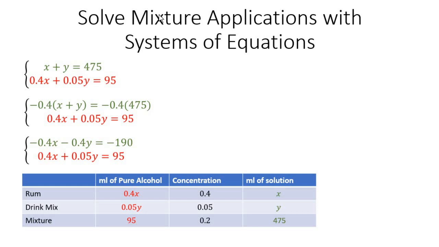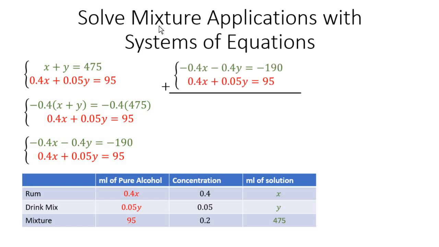I'm going to add these two equations together, because the negative 0.4x and the positive 0.4x will cancel. And negative 0.4y plus 0.05y is going to be negative 0.35y, and negative 190 plus 95 is going to be negative 95. So I'll get this when I add these two equations together.